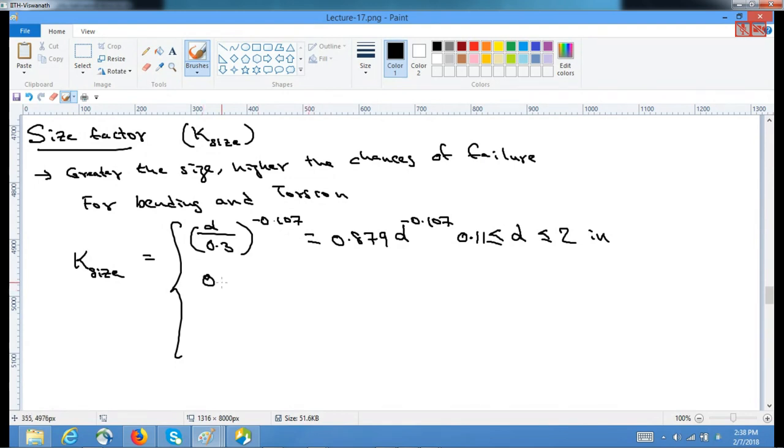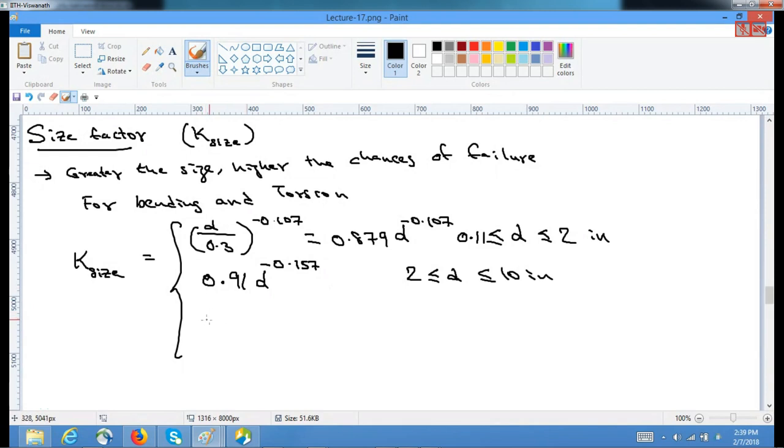If it is greater than 2 inches, for that we use the relation for d greater than 2 inches to 10.